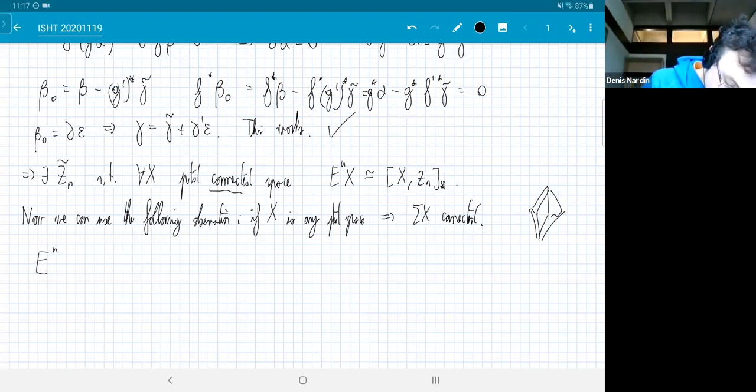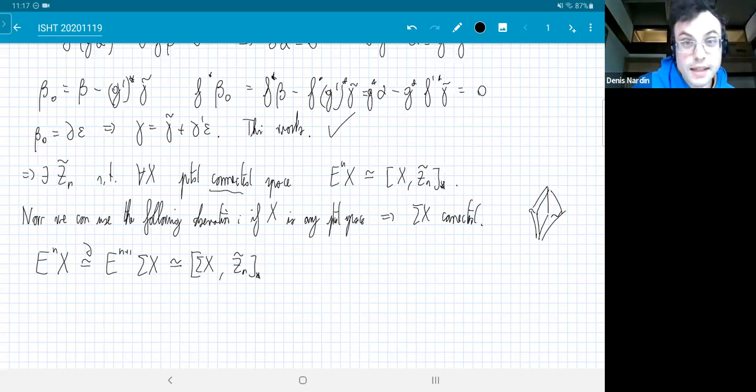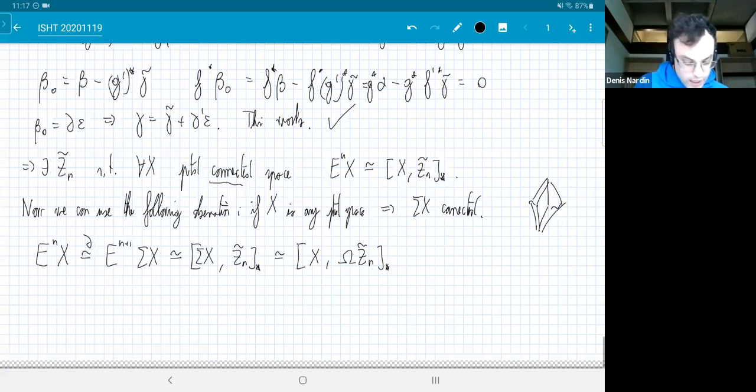So we have En of x is isomorphic naturally by delta to En plus 1 of sigma of x, which is isomorphic, sorry, this was tilde, to pointed homotopy classes of maps from sigma x to Zn plus 1 tilde. But now we can use the loop suspension adjunction, and this is isomorphic to pointed classes of maps from x to omega Zn plus 1 tilde. And now we are done.